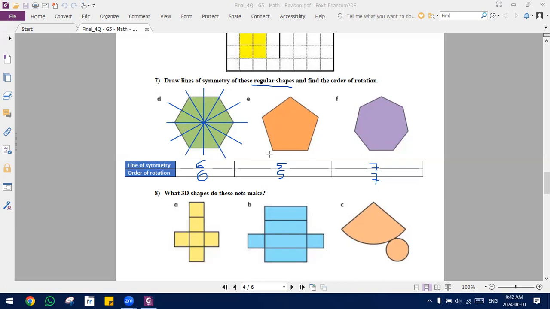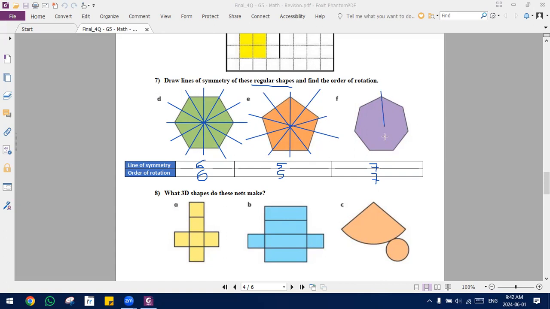Now the second one, 5, I will use the vertices. This is 1. So look, it cuts into 2 equal halves. This is 2. 3. 4. And the last one, 5. Now the last one, it has 7.